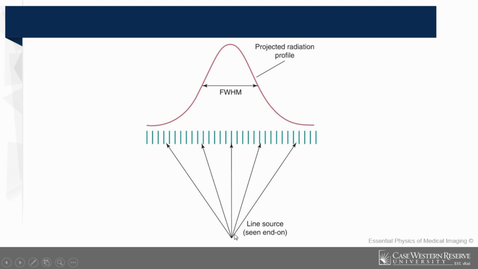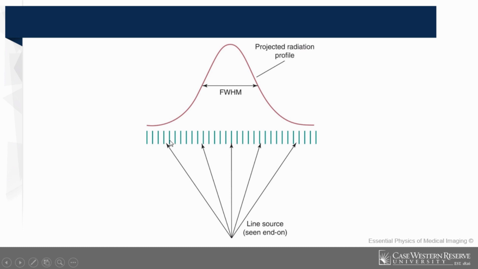We have a point source going through a parallel hole collimator. Ideally we should have one point here, but we don't. In the middle, many gamma rays from the decaying point source will go through this parallel hole collimator because they are more or less parallel to it.